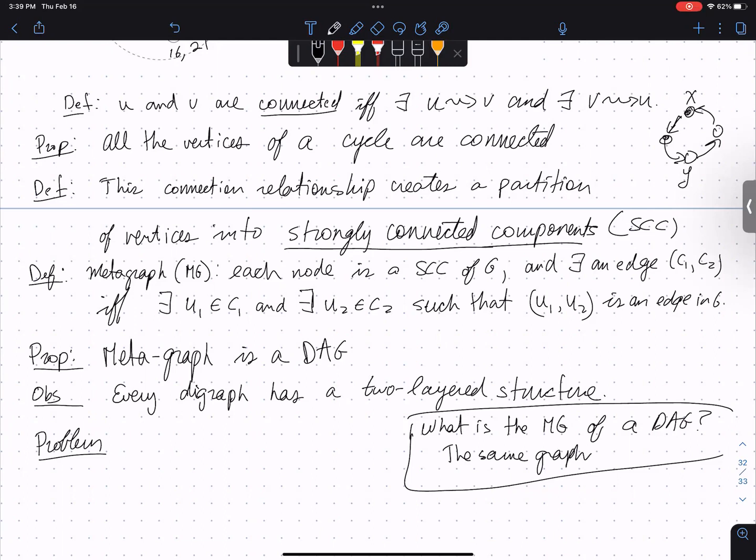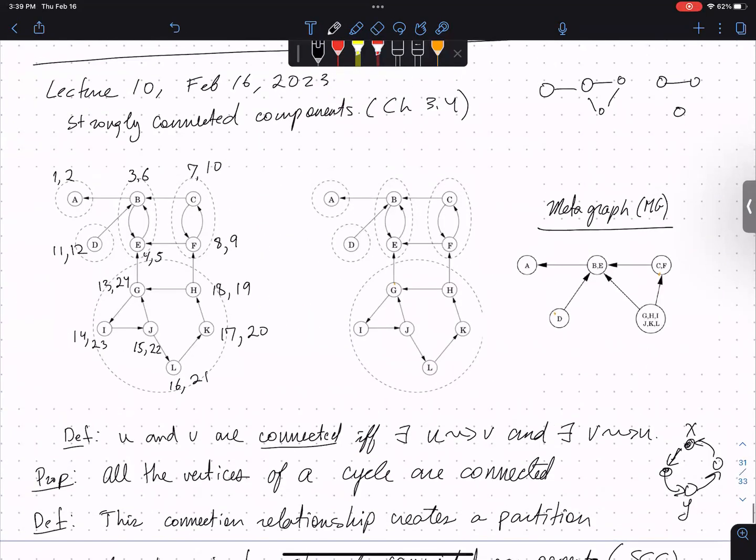And so going back to the general case, the fact that this metagraph is a DAG is nice. As we mentioned earlier, DAGs are easier to work with in many ways than regular graphs that have cycles.